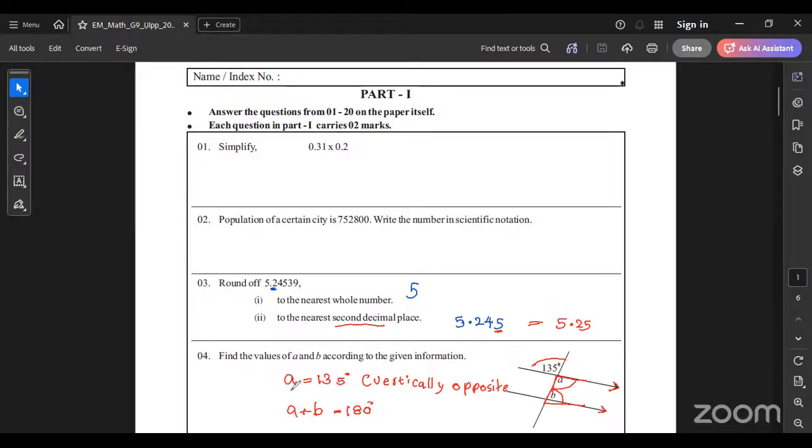Since you found A as 135, B should be what? After subtracting 135 from both sides, B remains 45.